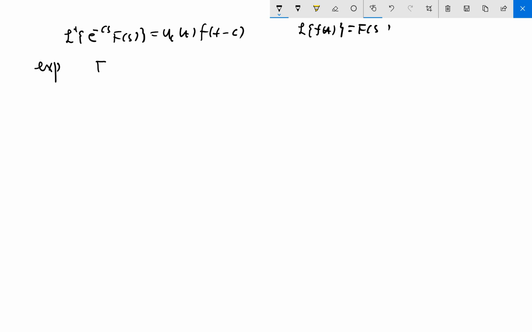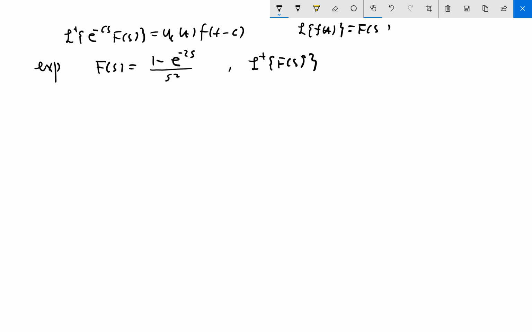Alright, now let's look at this example. We're given capital F(s), which is (1 minus e to the negative 2s) over s squared. We want to find the inverse Laplace transform of it.